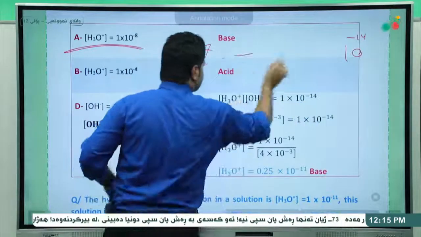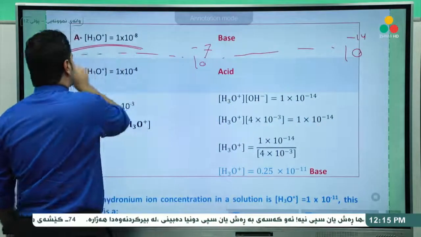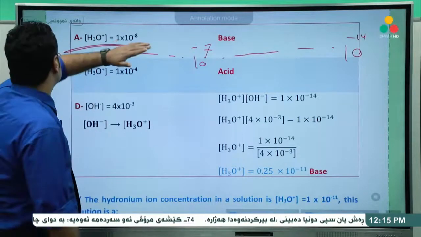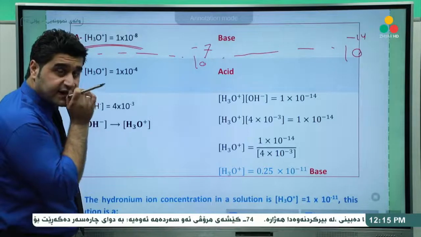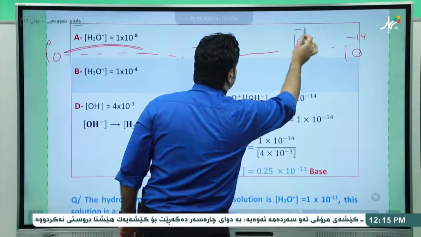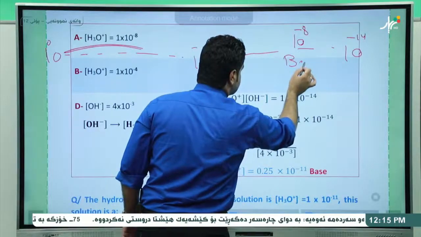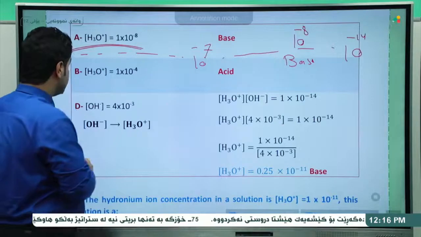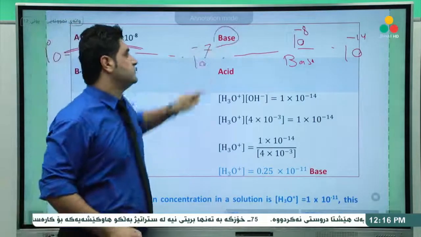In the left side, until 10 to 0. So it locates in the left side or right side. Oh, teacher, we can find 10 to the negative 8 in here, so it's base. Okay, it's base. You see that?